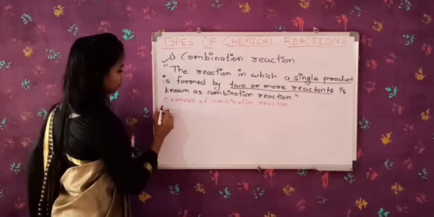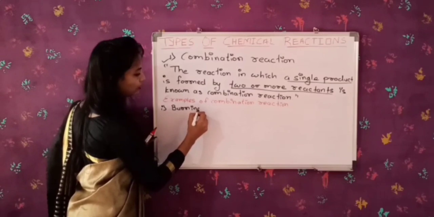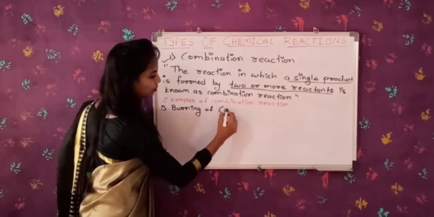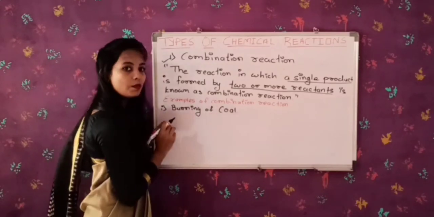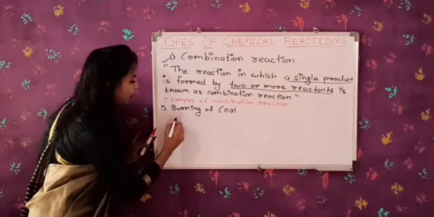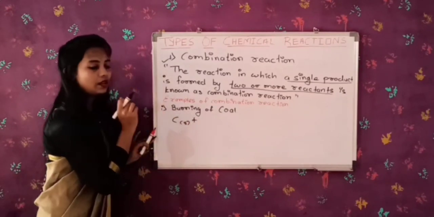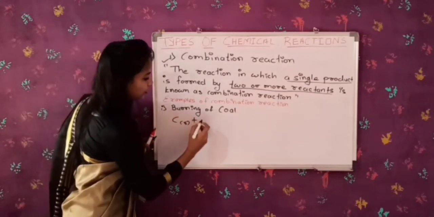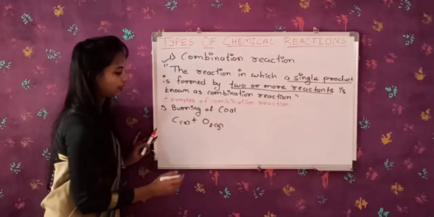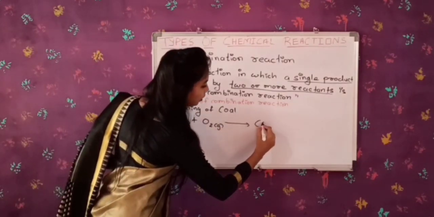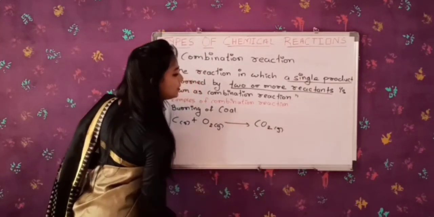First example, burning of coal. Now we know that coal is made up of carbon. So in reaction we will write carbon which is in solid state. Now it is burning. Burning means it will react with oxygen. So C plus O2, it is in gaseous state and it will give CO2 which is in gaseous state.